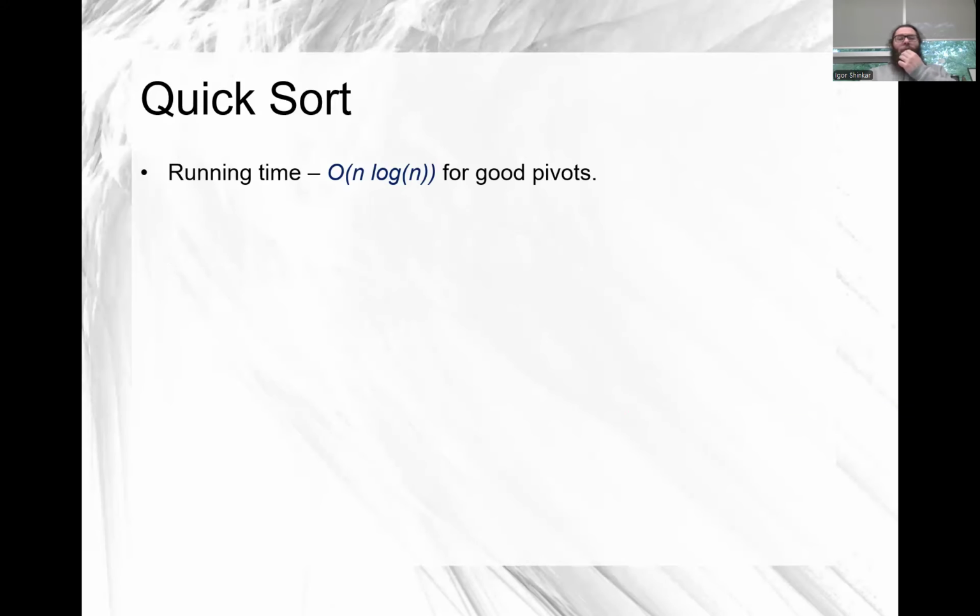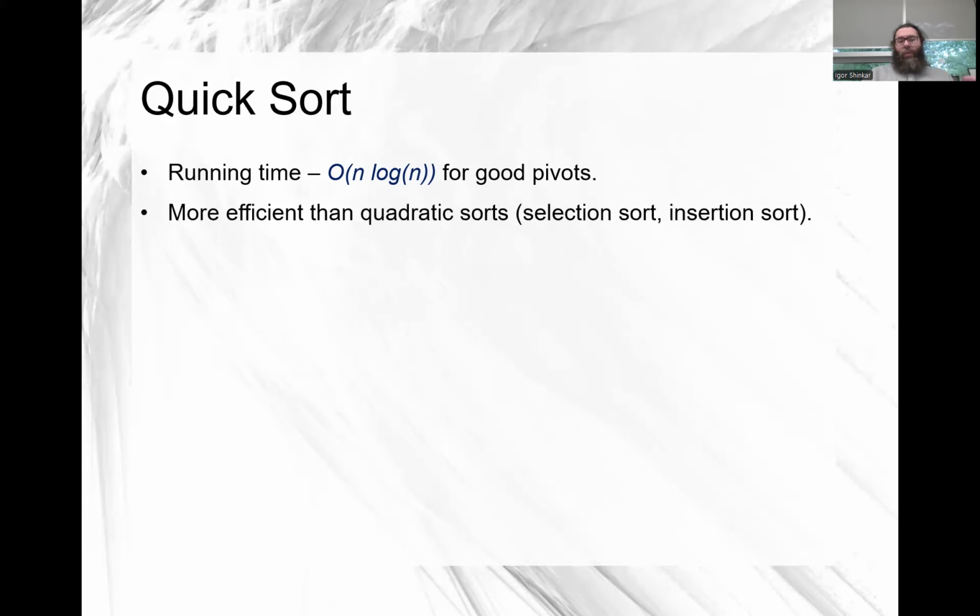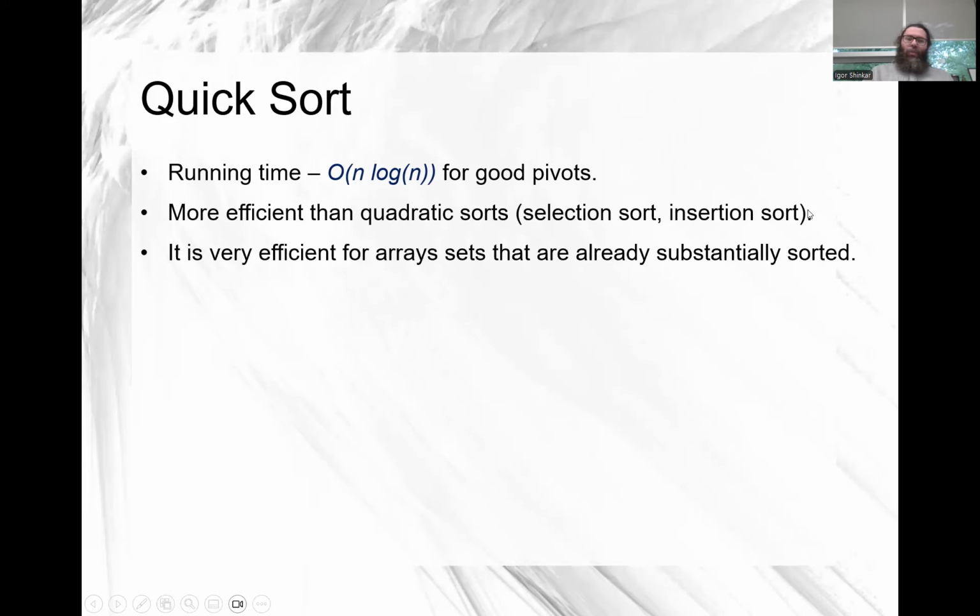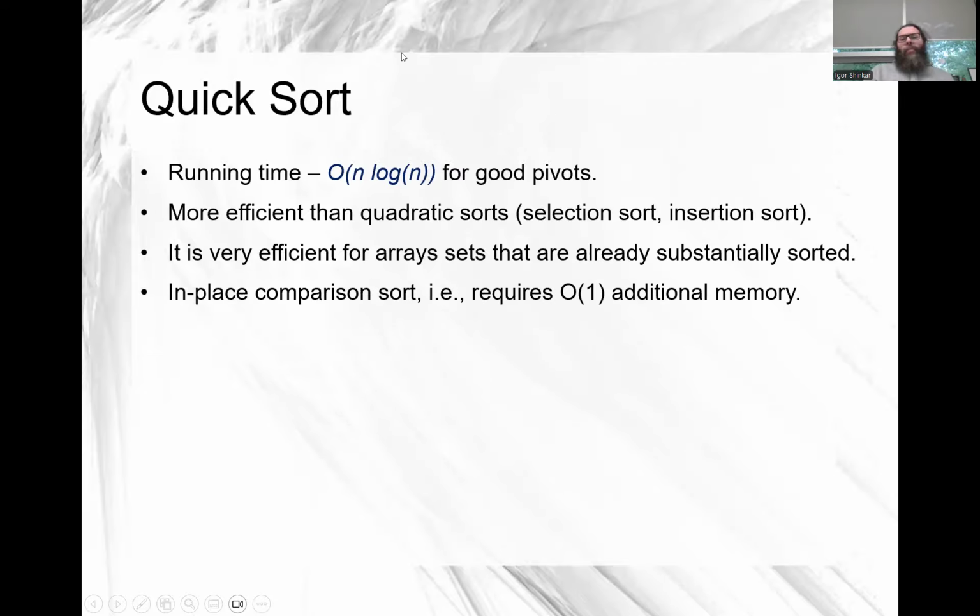All right, so just the conclusion. For quicksort with good pivots, the running time is n log n, which is amazing. It's more efficient than selection sort and insertion sort. It turns out that if the array is substantially sorted, it runs pretty fast. Another nice thing about quicksort is that it requires no additional memory, or just a constant number of extra variables.